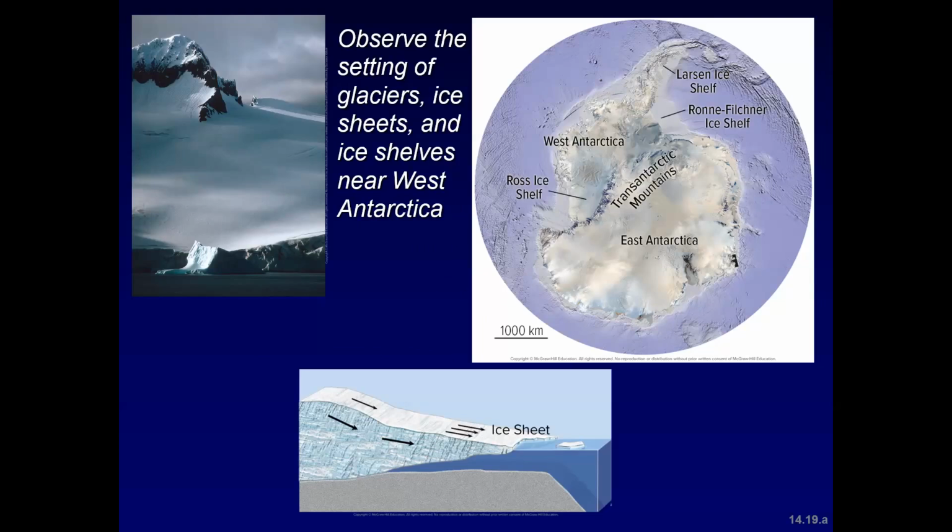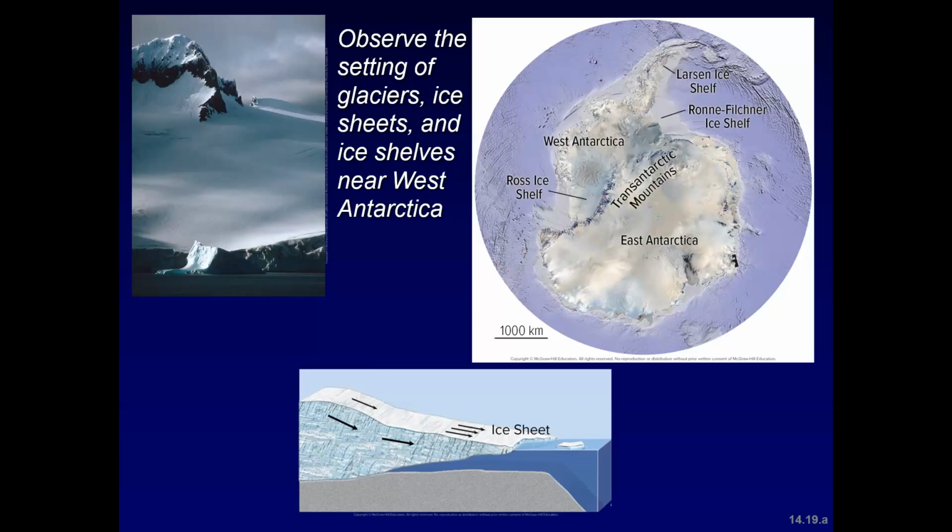Okay, so we'll look at the setting of these glaciers, ice sheets, and ice shelves near West Antarctica. You have West Antarctica mostly covered by ice. The Transantarctic Mountains divide West Antarctica from East Antarctica. And West Antarctica contains 11% of the ice in Antarctica.